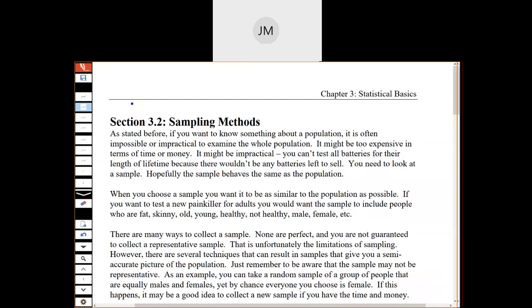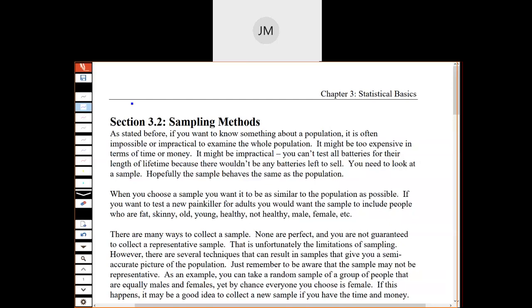Okay, so the whole point of a sample was to tell us something about the population, right? So, if I wanted to do a survey, let's suppose I wanted to know what percentage of people in Illinois feel that we should lower income taxes or property taxes or something like that, right?